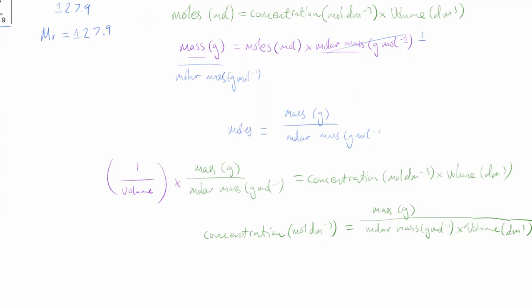Now, what you may understand at this point is that when we convert volume from decimeters cubed to centimeters cubed, essentially we multiply the given value in decimeters cubed by 1000.